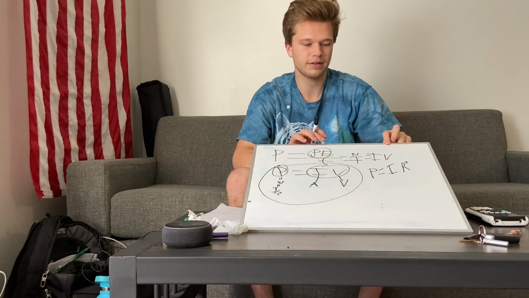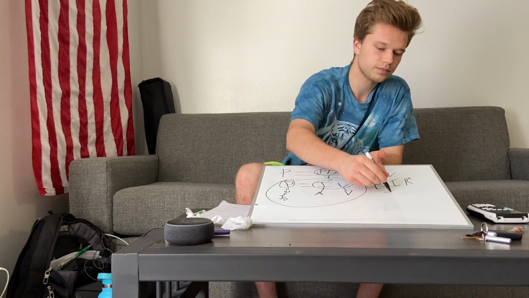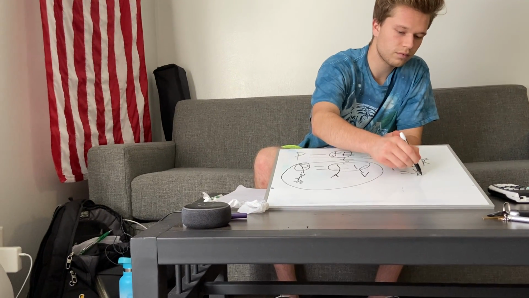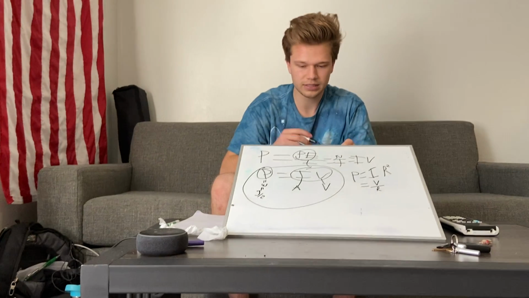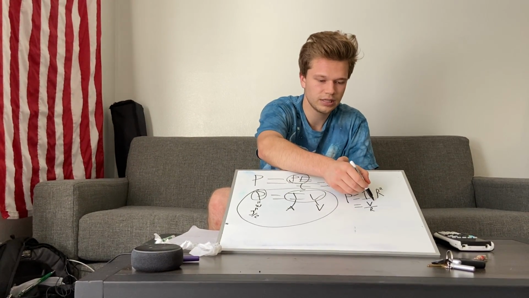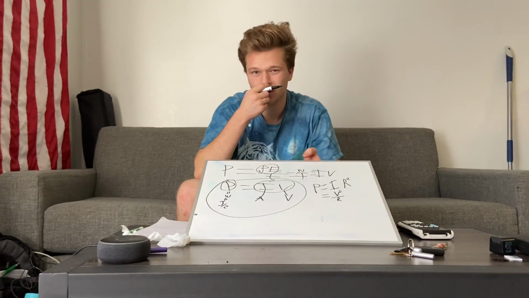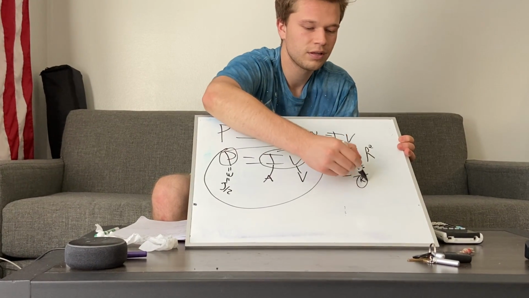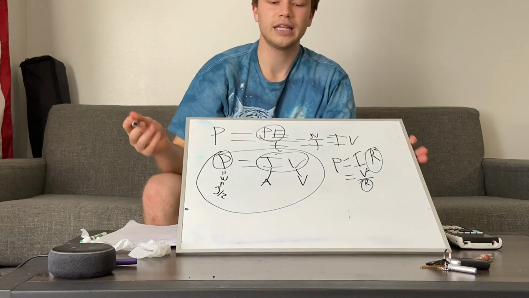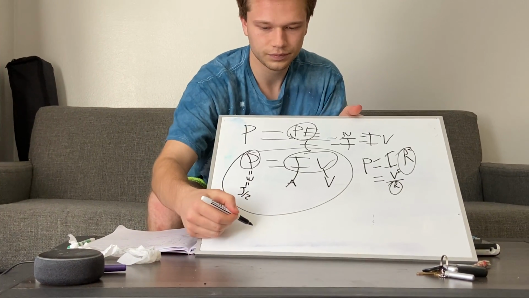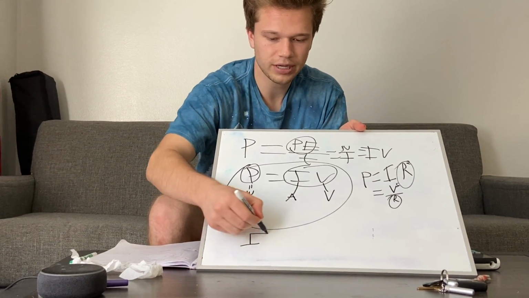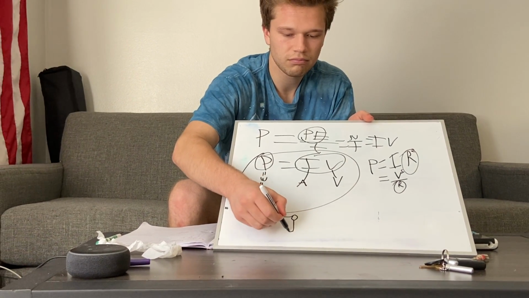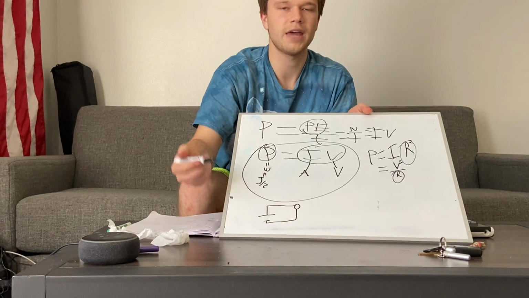And we also have power is equal to voltage squared over resistance. But it's not always applicable again because we don't always have a resistor. Like if we have some circuit, sometimes we have a light bulb, and that's it.